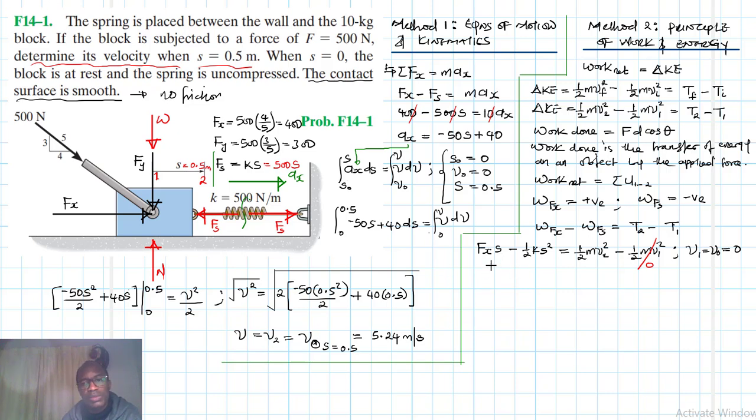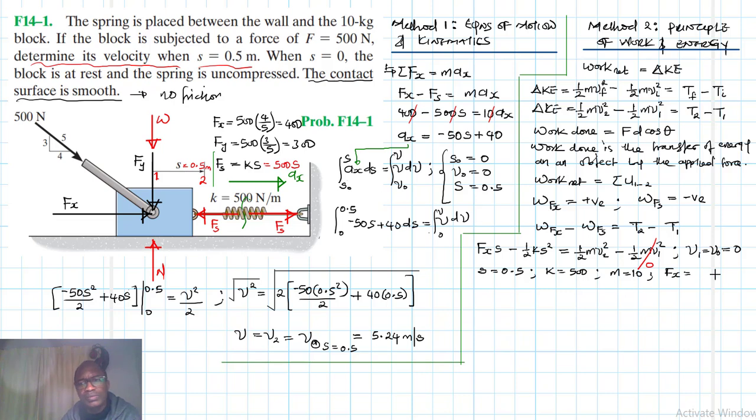Right, so let's place all the numbers in here. We know also that S, of course, is just equal to 0.5. Our K is just 500. Our mass is already given here, it is 10. What else? And Fx is just equal to 400, right?